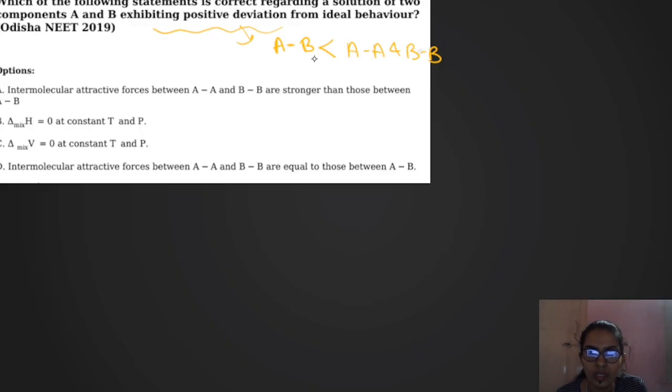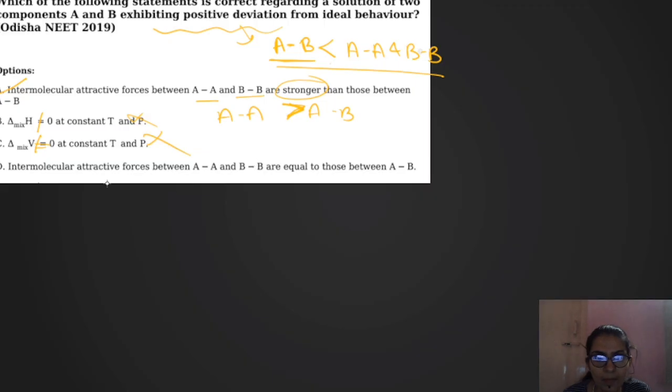So first option, intermolecular attractive force between AA and BB is stronger. It means it's greater than those of AB. So yes, this is a correct answer, right? Positive deviation doesn't have this equal to 0. It's not equal to 0. This is also not equal to 0. So they are wrong. Again, this is also wrong. So correct answer is option A.